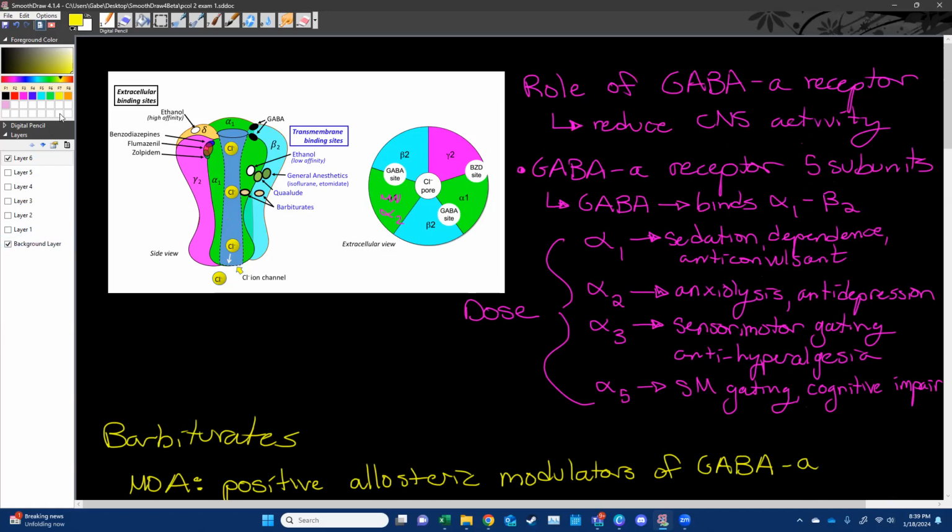And we can see that on our diagram. Here are the barbiturates, and here is GABA. And where do we notice that barbiturates are binding? Very similar places, in between alpha and beta. And this is going to make GABA sit in this little spot much, much better.